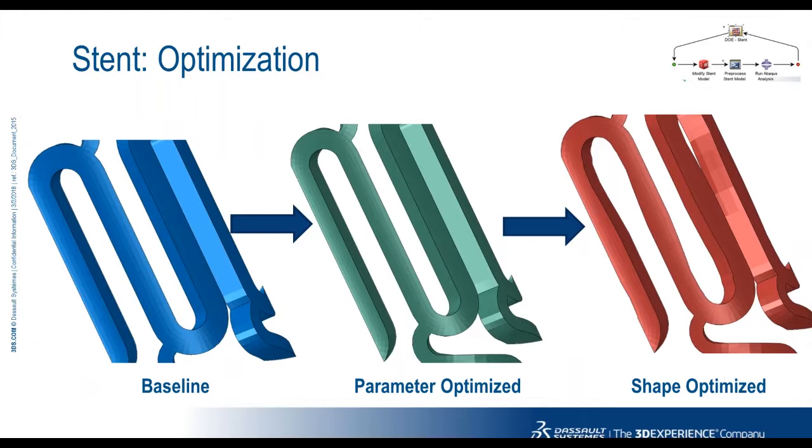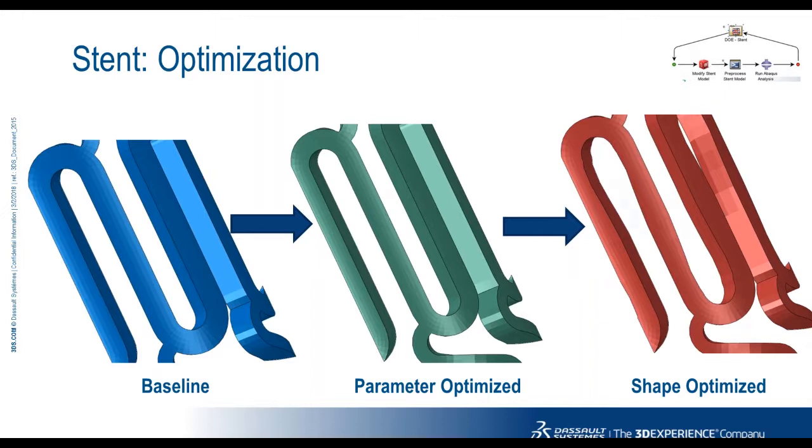Once this workflow has been automated, we can now identify the specific material or geometric parameters that can be modified and conduct an optimization study around them. If applicable, we can also conduct a shape optimization, which may result in a heterogeneous cross-section. Here we show the final parameter and shape optimized results resulting from these studies.